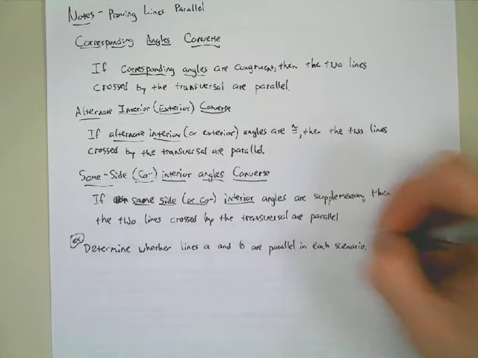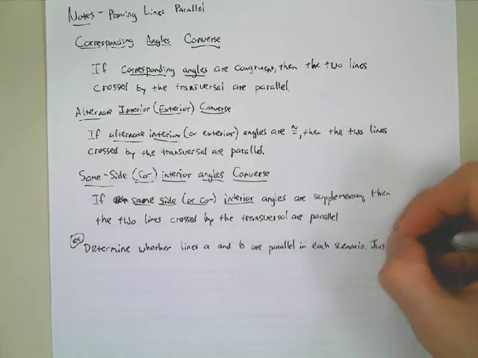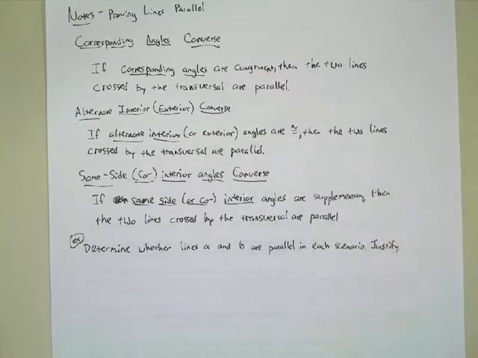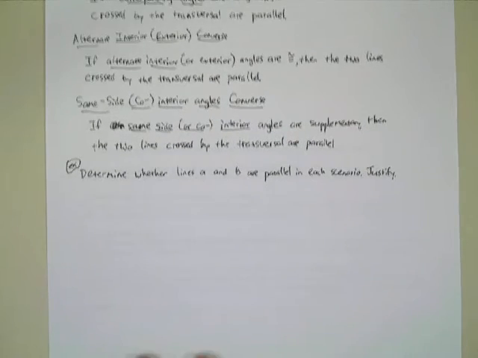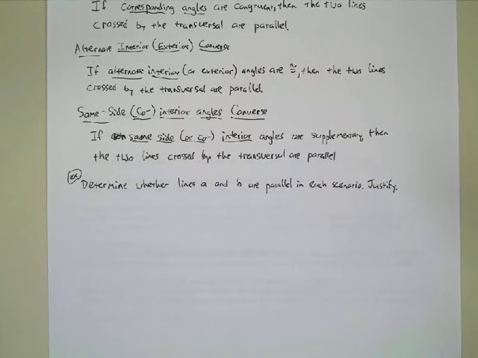And then we'll also say justify. And by justify, I just mean, how do we know whether they're parallel or not? What are we going to be looking at? Okay. What kind of special angle pair is giving it away? That's kind of the idea.